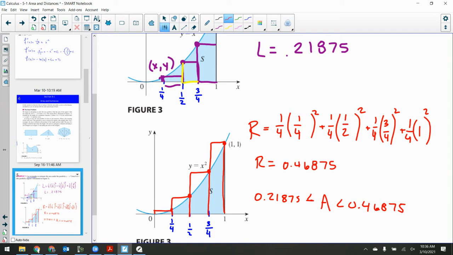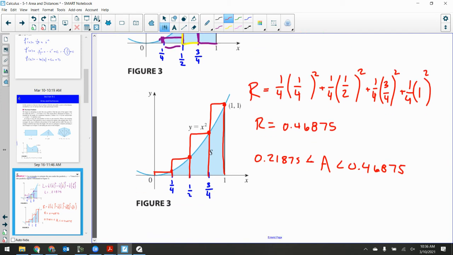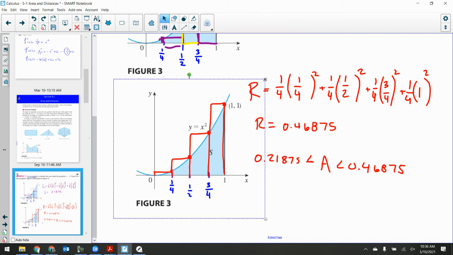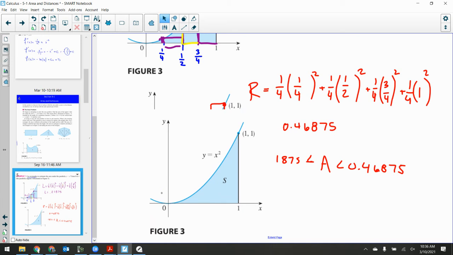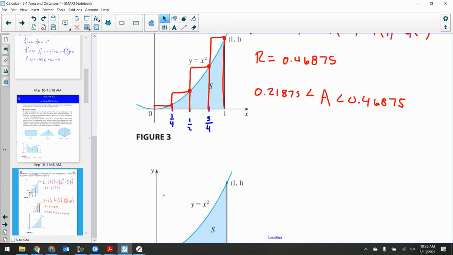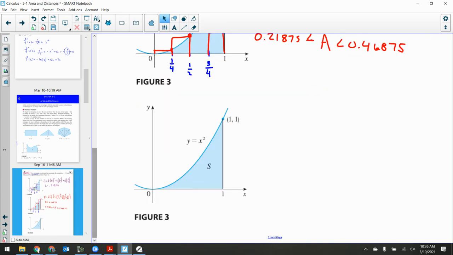Now, there is a left side approximation. There is a right side approximation. There is also a middle point approximation. Because what would happen if I did this exact same process with the exact same intervals?